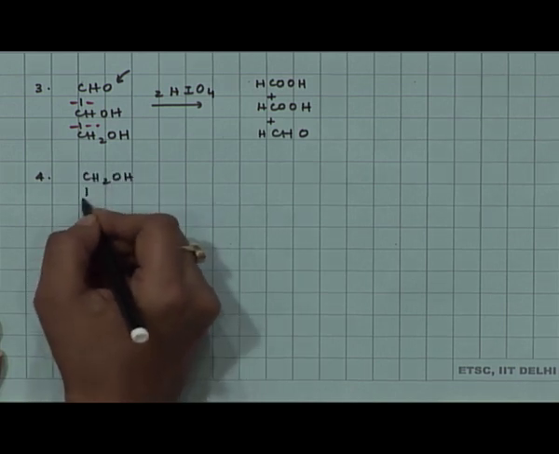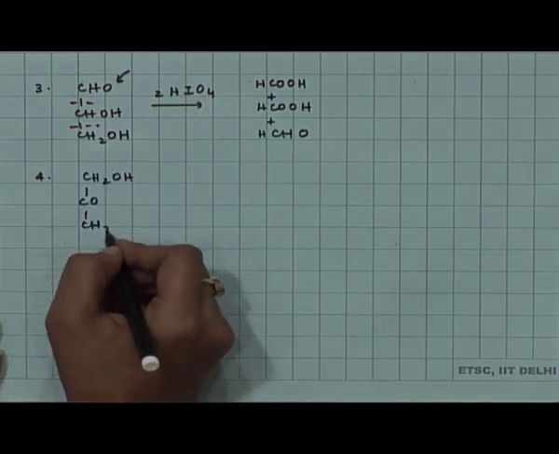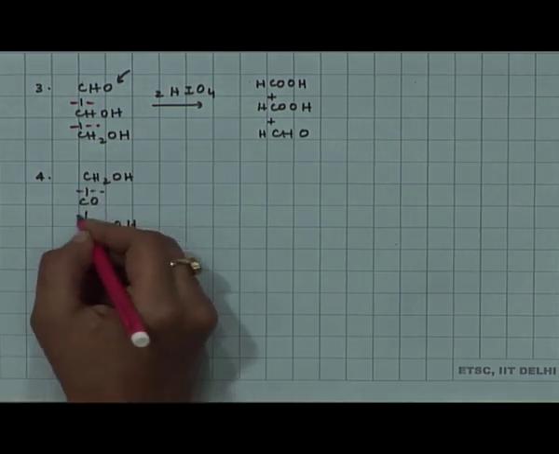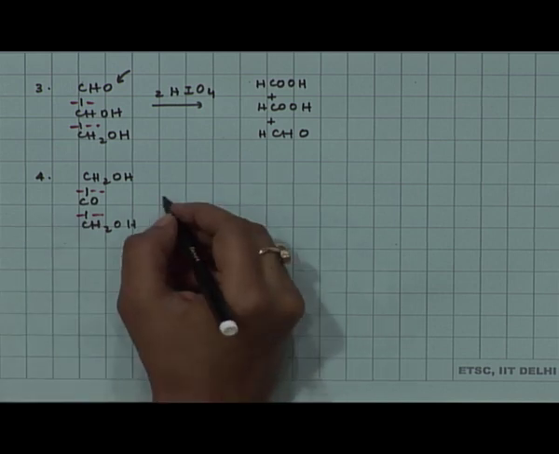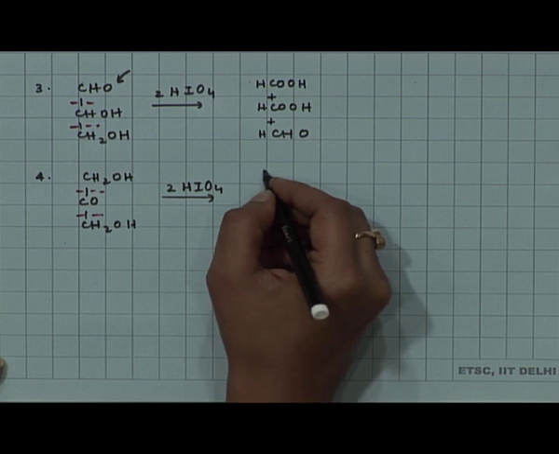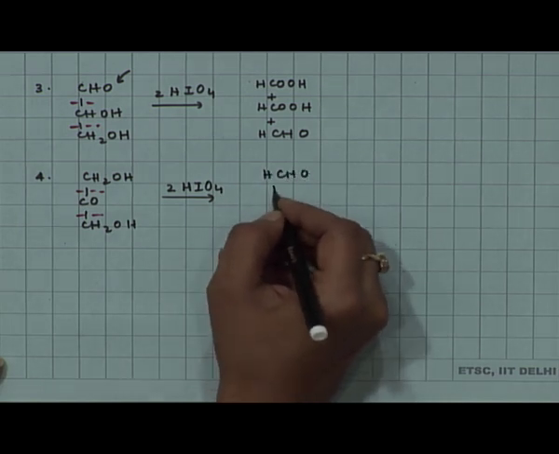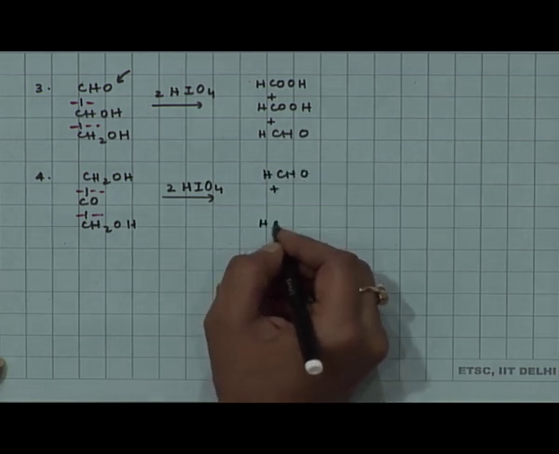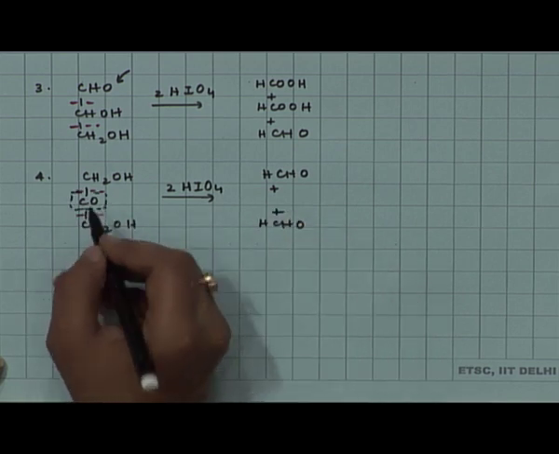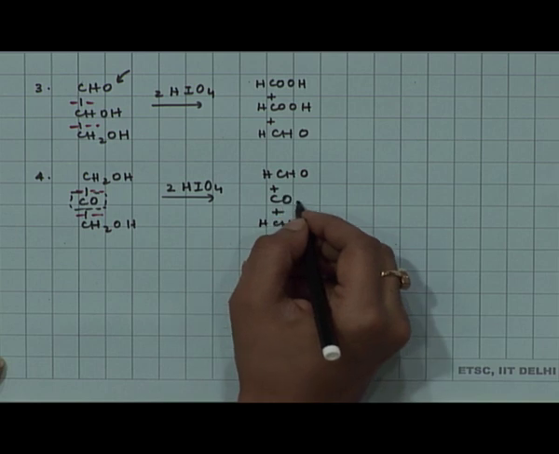Look at this example. If you have this ketone, following the same rationale, treat it with 2 moles of HIO4 and you get formaldehyde, another formaldehyde, and the internal ketone carbonyl is oxidized to CO2.